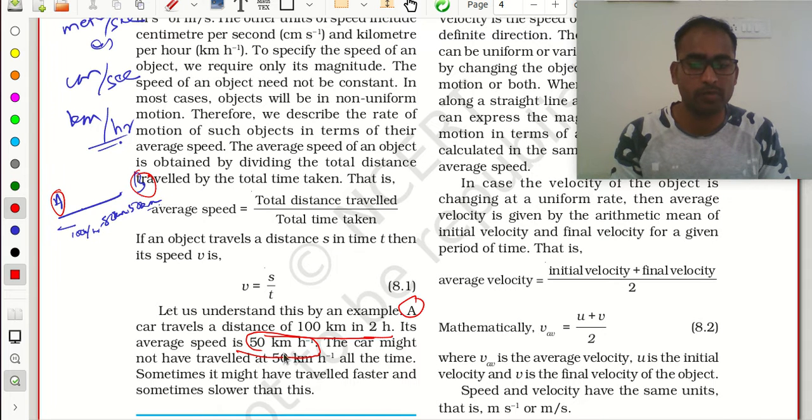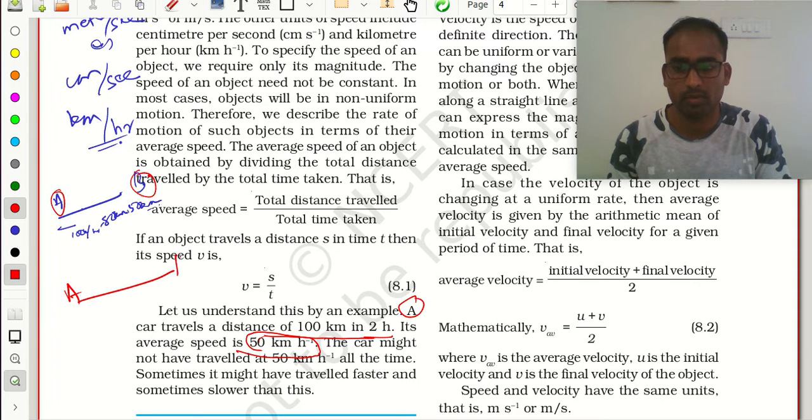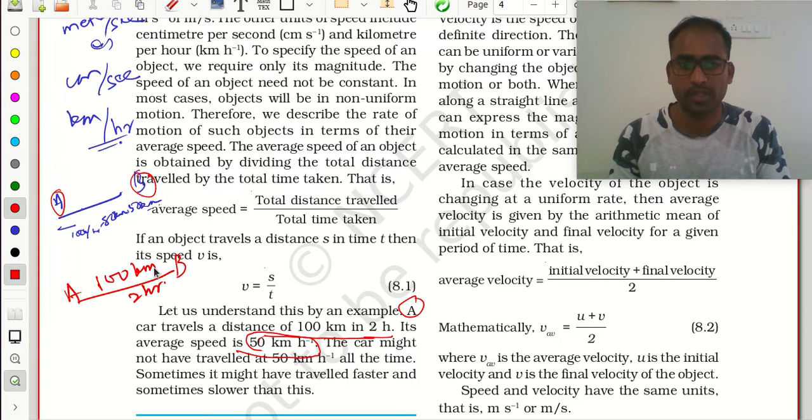Average speed is 50 km per hour. Suppose I cover this 100 km in 2 hours, so what is its speed actually? 50 km per hour.